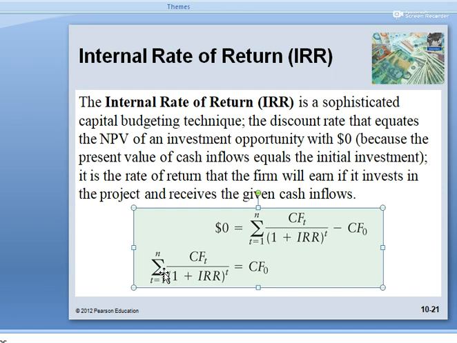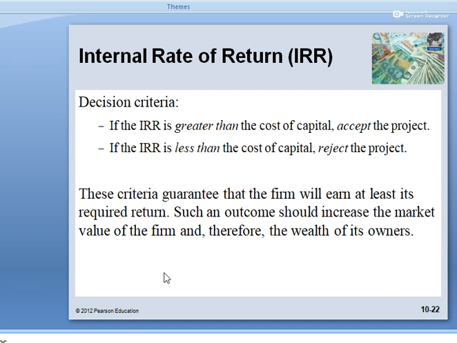So we can rewrite the definition in another way: IRR is the discount rate at which the present value of cash inflows will be equal to the initial investment. That is, CF0 is equal to summation CFT divided by 1 plus R to the power T.